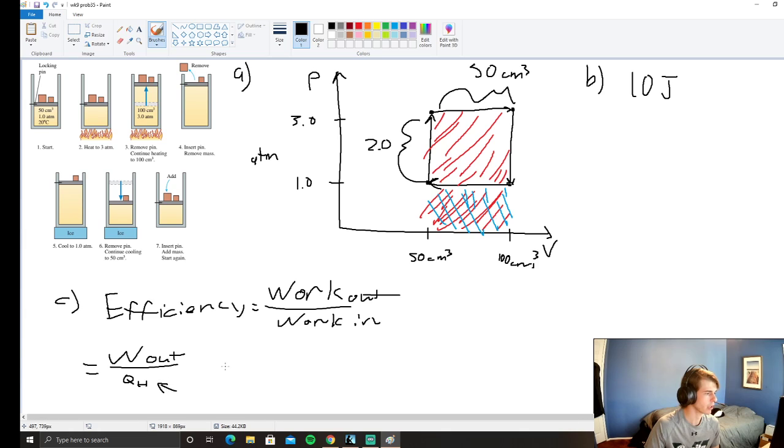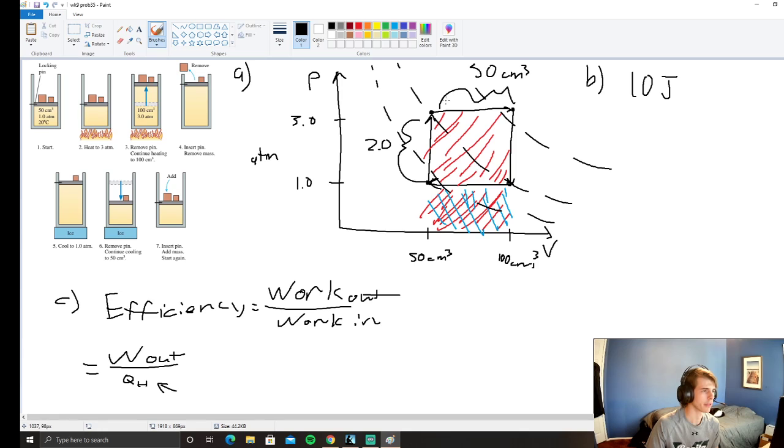QH is a little bit complicated. All it is is you sum up the heats when you're heating up. If you remember how the isothermal curves work, they're kind of like this. So this will be one temperature, another temperature.